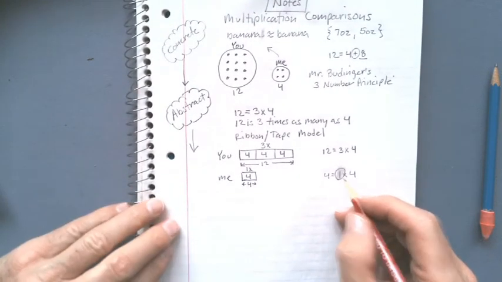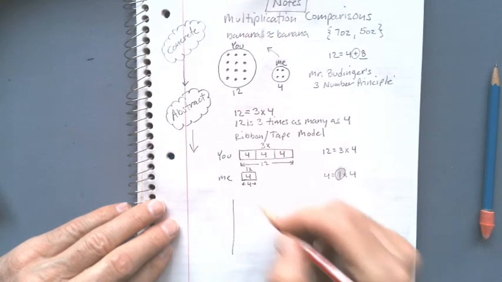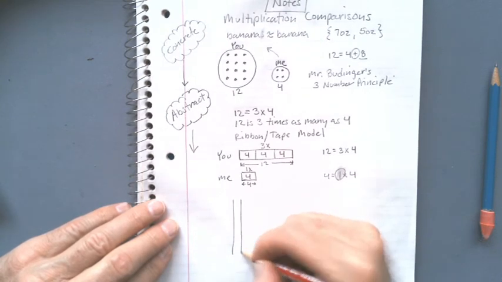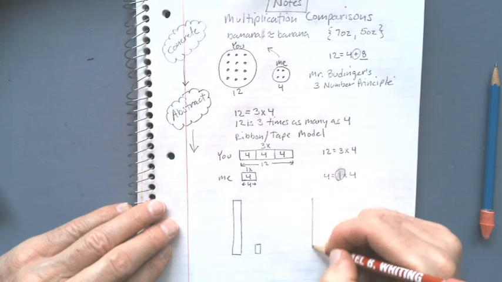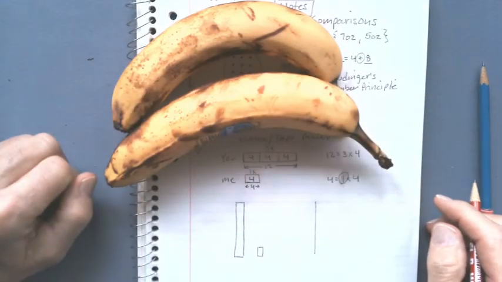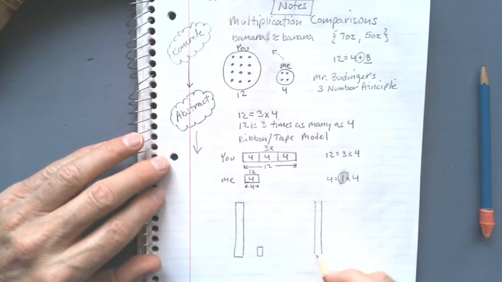Let's look at a ribbon model. Going this way, and we'll use this as our comparison. And let's make two identical ones, just like we had two identical bananas, okay? The ribbon model looks basically the same for each of these.